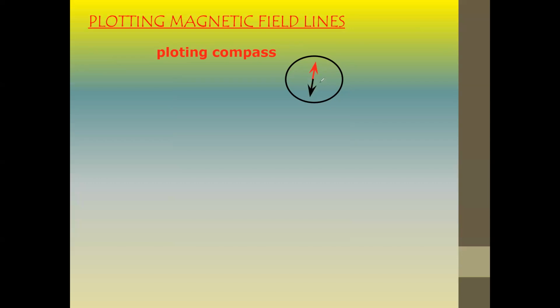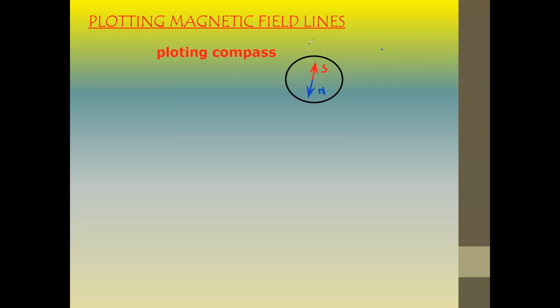Normally we use blue for north and red for south. So this is a plotting compass, the compass used to find direction by navigators. So north and south.